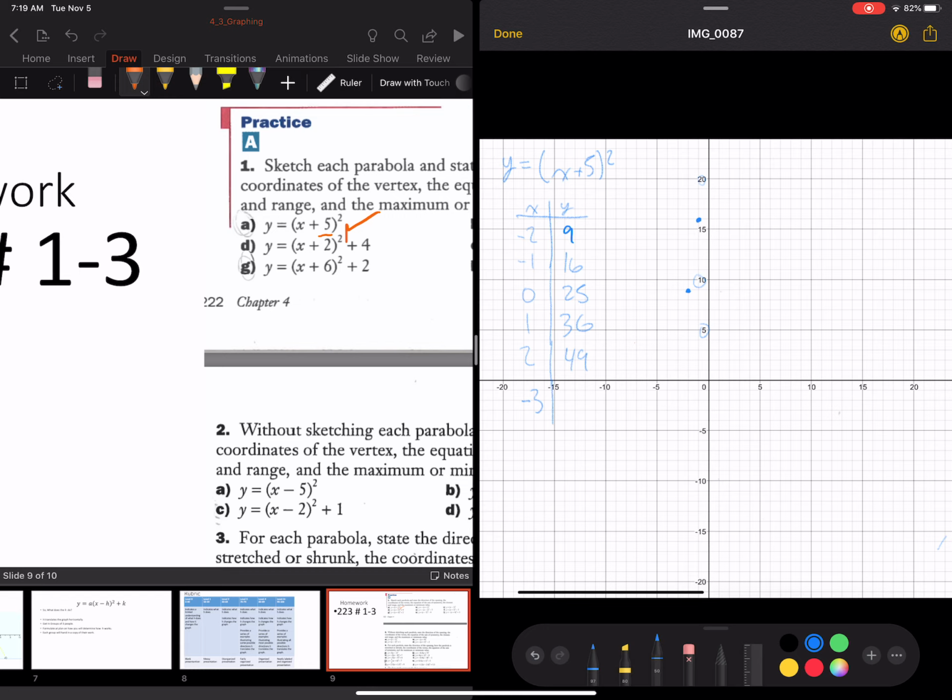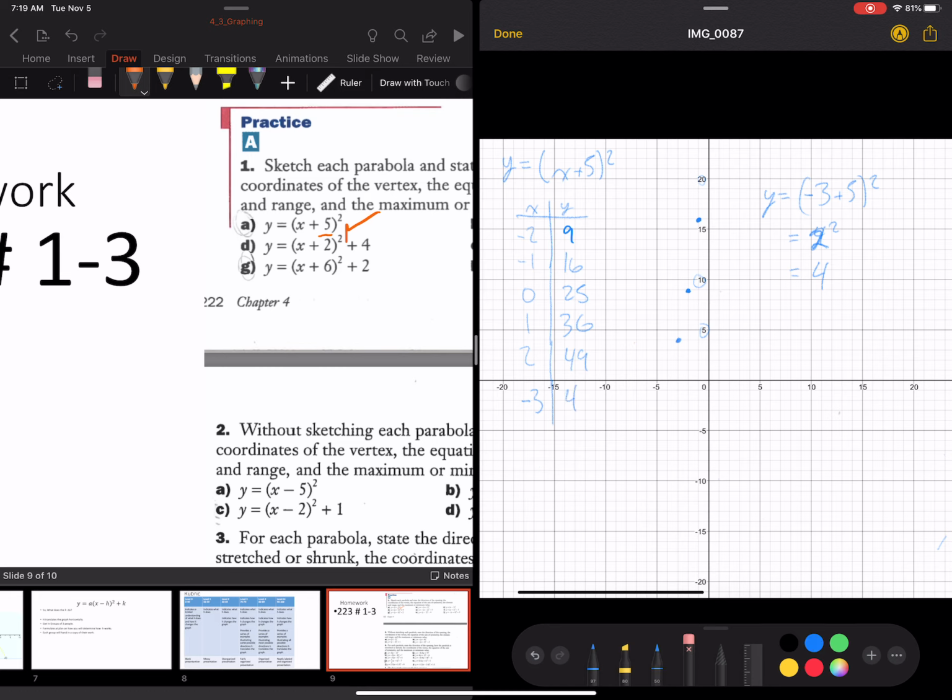When x is minus 3, y equals minus 3 plus 5 squared, which is equal to 2 squared, sorry about that, which is equal to 4. So another point would be minus 3, 4.